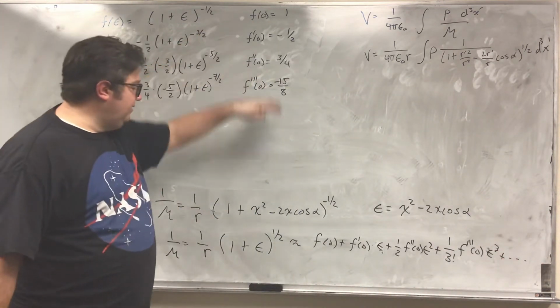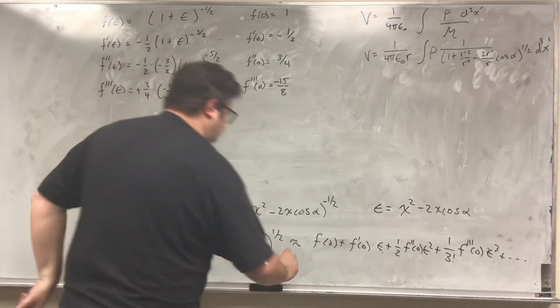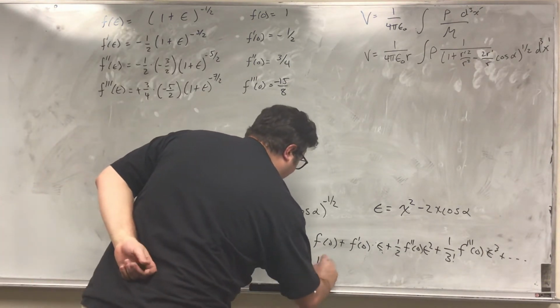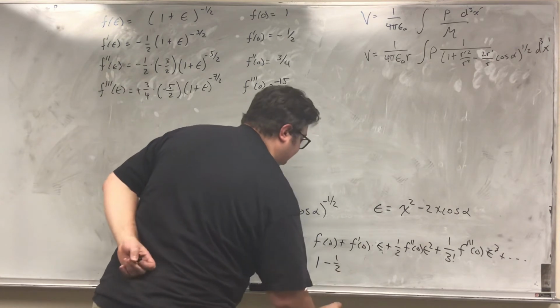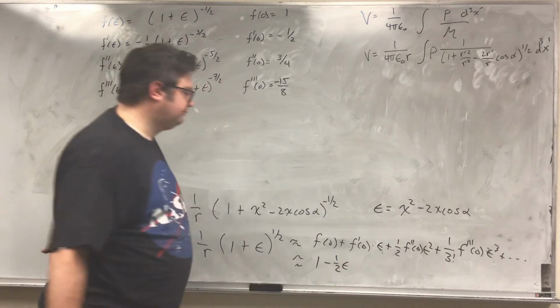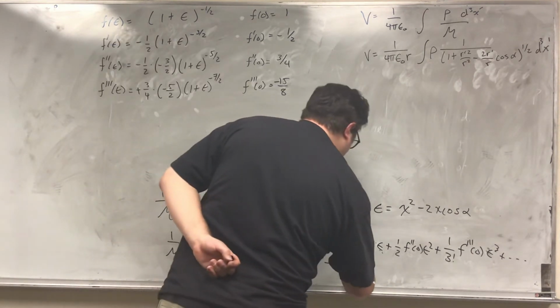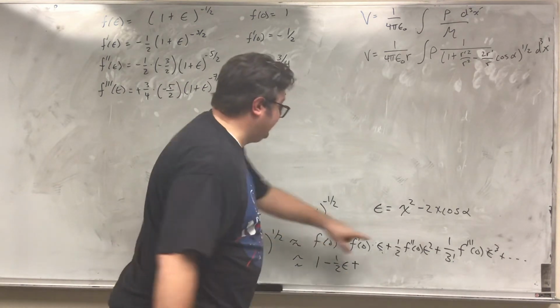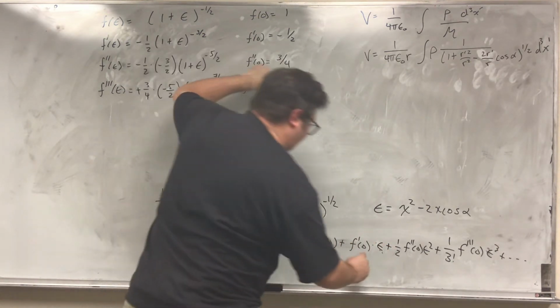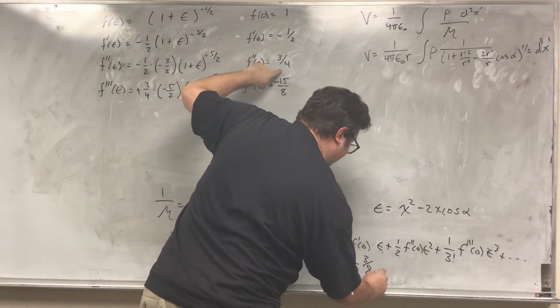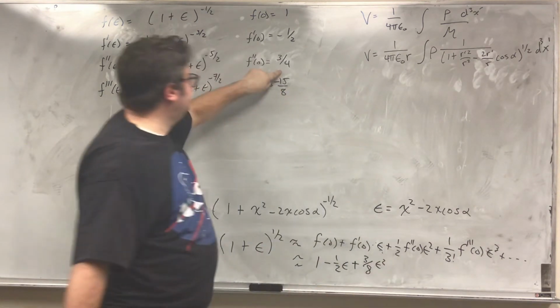So if I plug these in, you get 1 minus 1/2 epsilon plus, now I'm going to take 1/2 times 3/4, 3/8 epsilon squared.